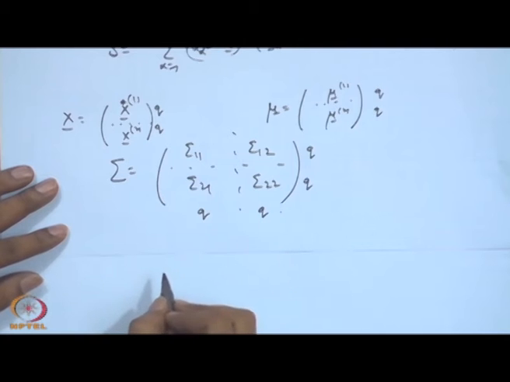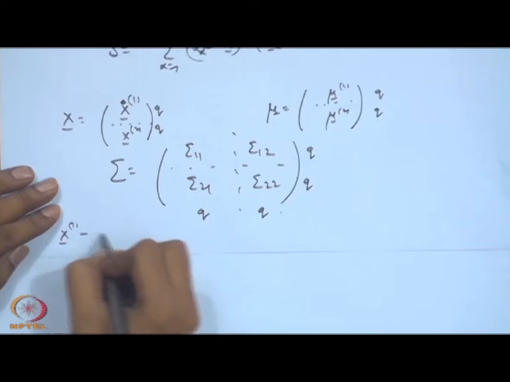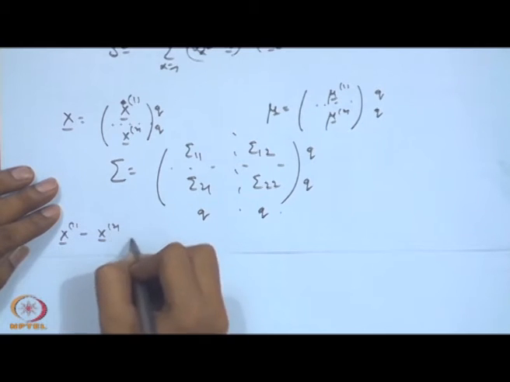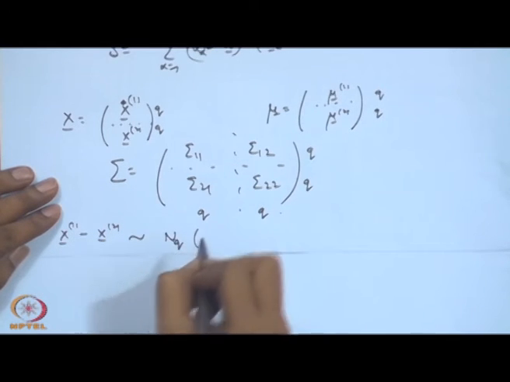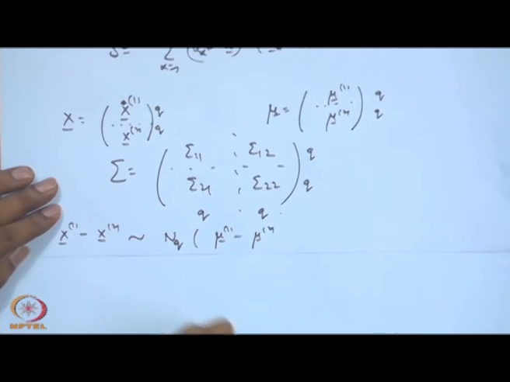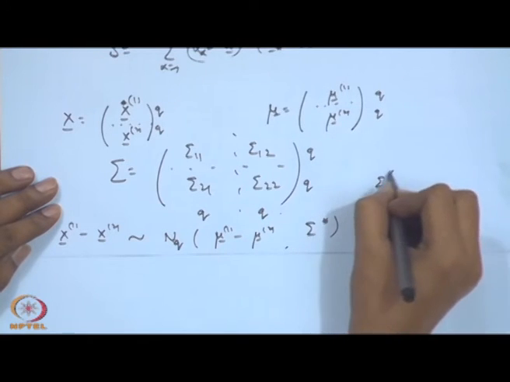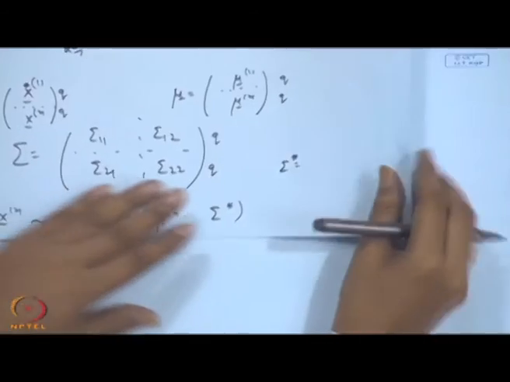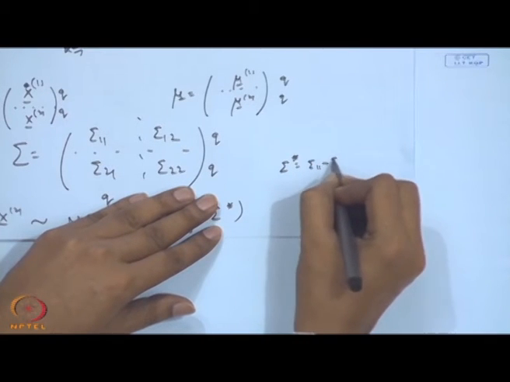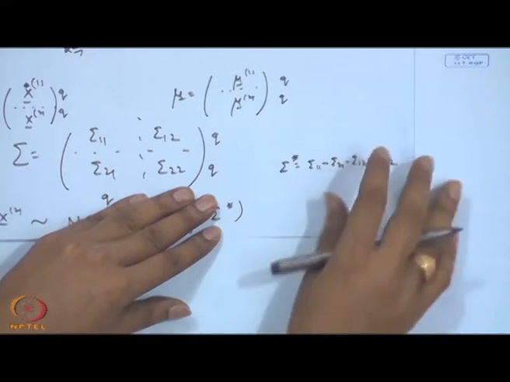Okay. So, if I consider x bar 1 minus x bar 2, then that will have a q dimensional normal distribution with mean mu 1 minus mu 2 and variance covariance matrix sigma star, where this sigma star can be written as sigma 1 1 minus sigma 2 1 minus sigma 1 2 plus sigma 2 2.